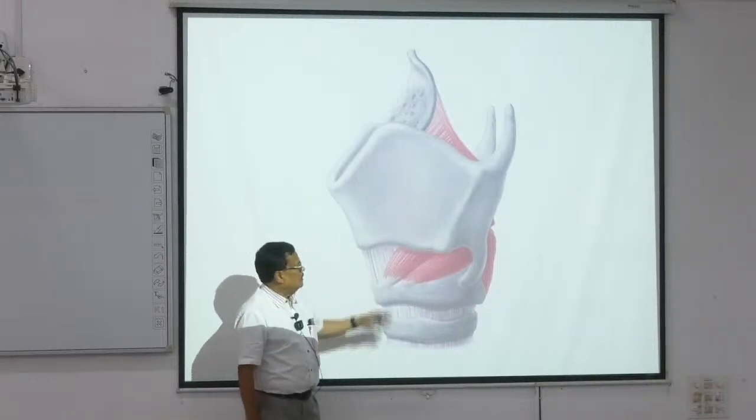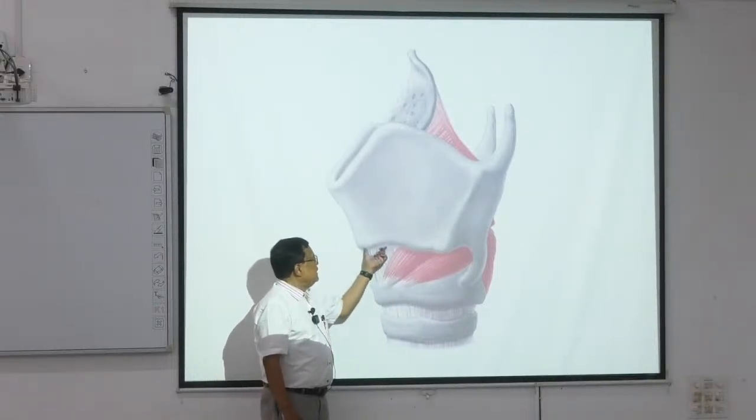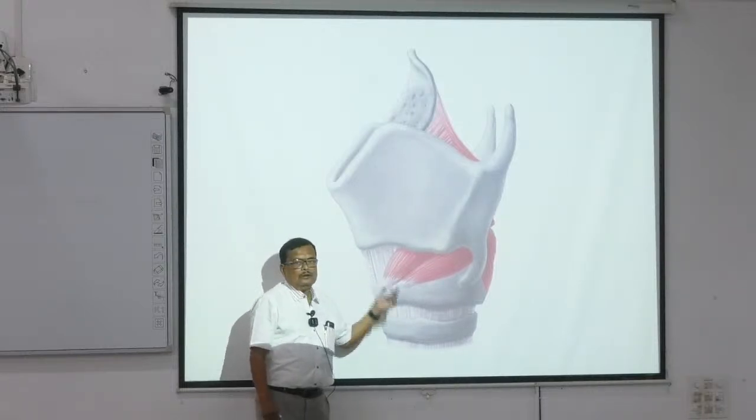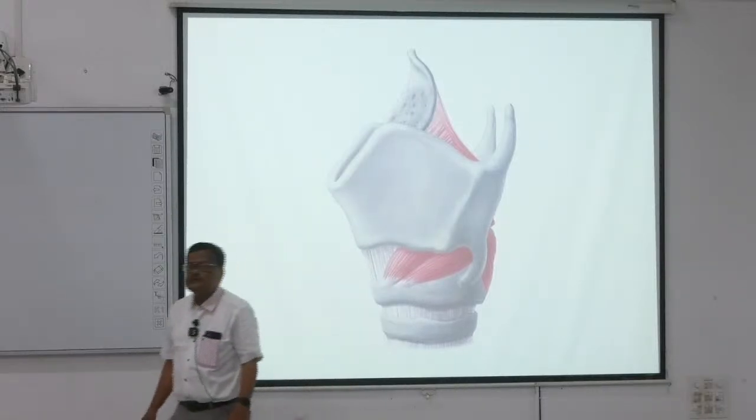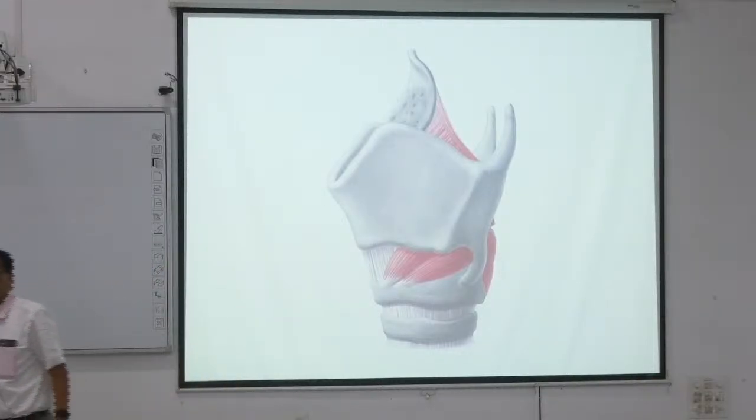Barbar bolchi. Next, in the middle and lower part in midline, there is a strong ligament known as the median cricothyroid ligament, or conus elasticus.